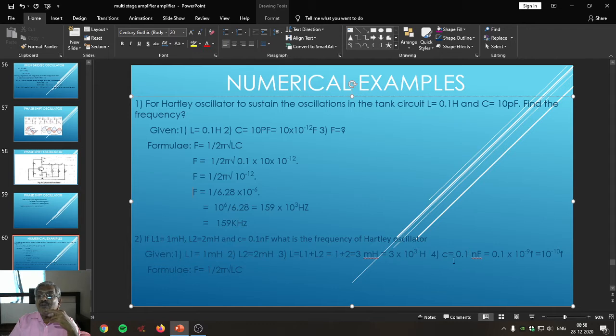C is equal to 0.1 nanofarad, that is 0.1 into 10 raised to minus 9 farad, which is equal to 10 raised to minus 10 farad. The formula again remains the same: F is equal to 1 upon 2 pi square root of LC. We know L, we know C, and we have to solve this.